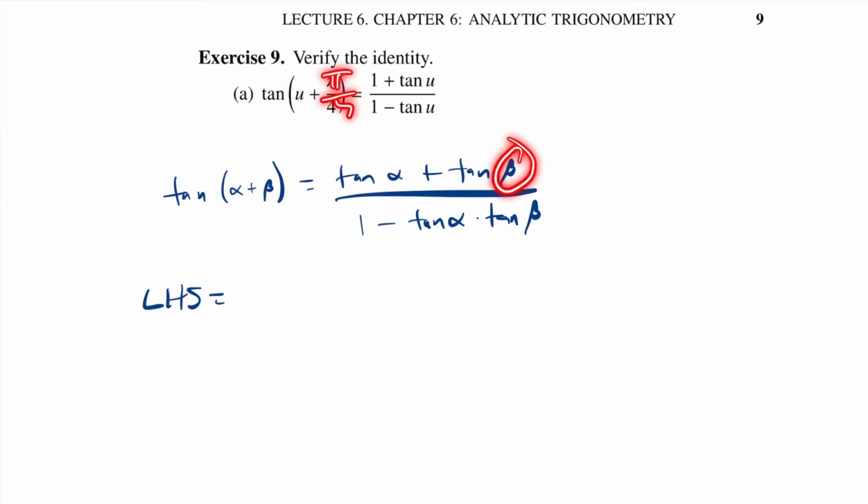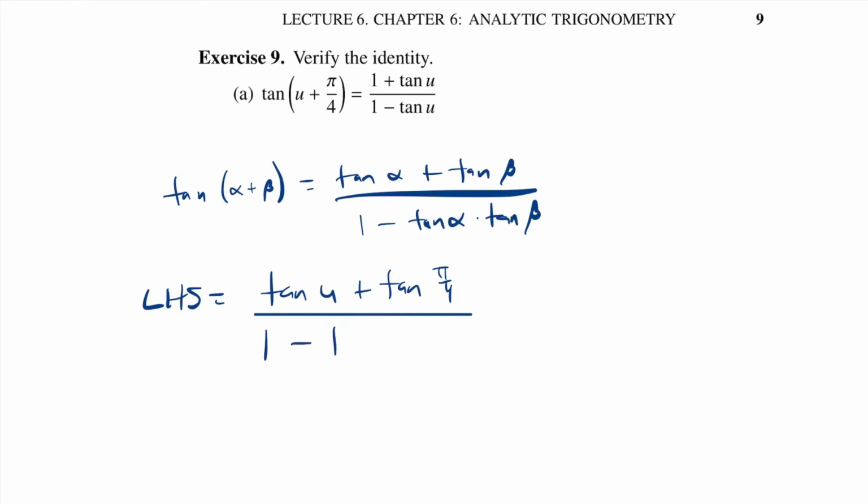You can verify that on your unit circle. So now we have tangent of u plus 1 over 1 minus tangent of u. And because addition is commutative, you can reverse these two, and essentially it's the same thing as 1 plus tangent u. So at this point, we can just say that's equal to the right-hand side.